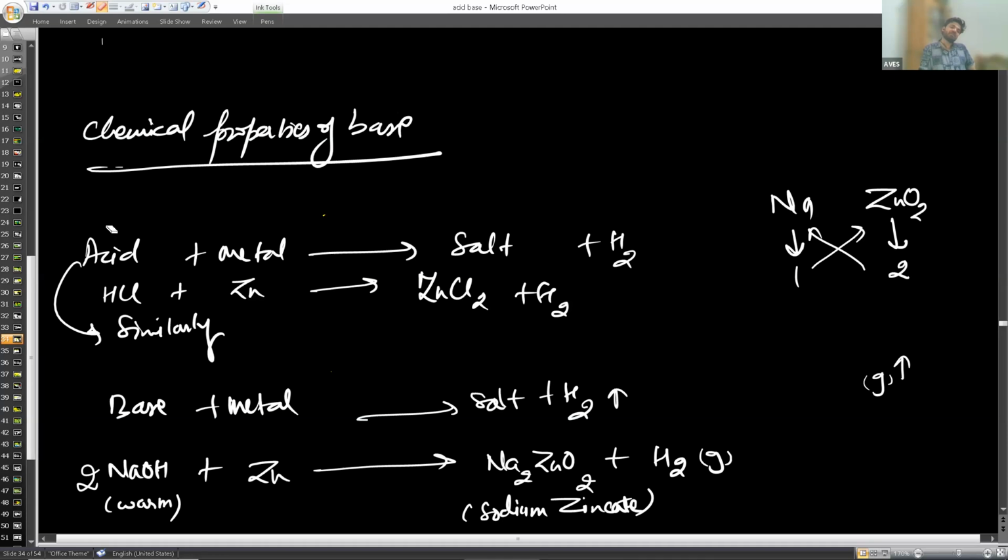Take the example of NaOH, sodium hydroxide, when it reacts with zinc. NaOH is a base, zinc is a metal. Base plus metal will give you salt. The name of the salt is sodium zincate. What is the formula?